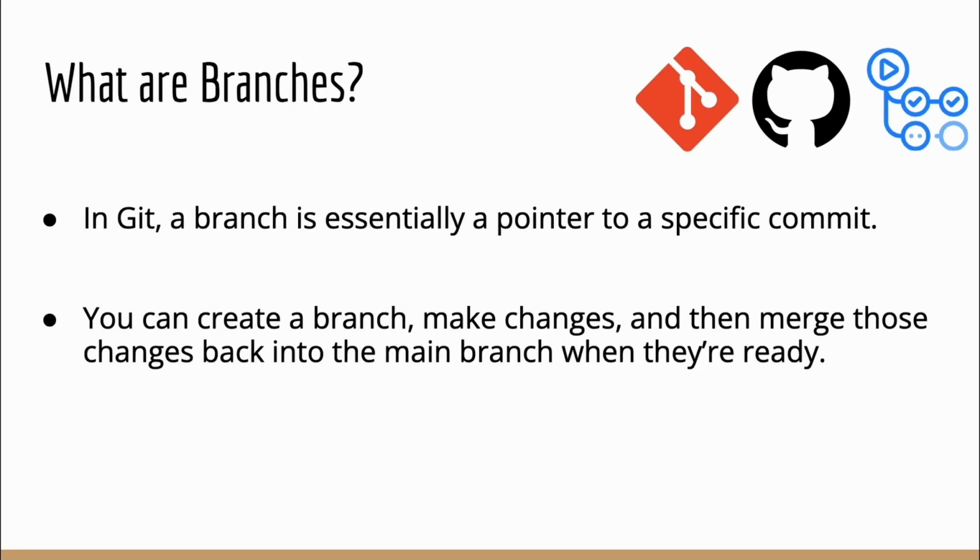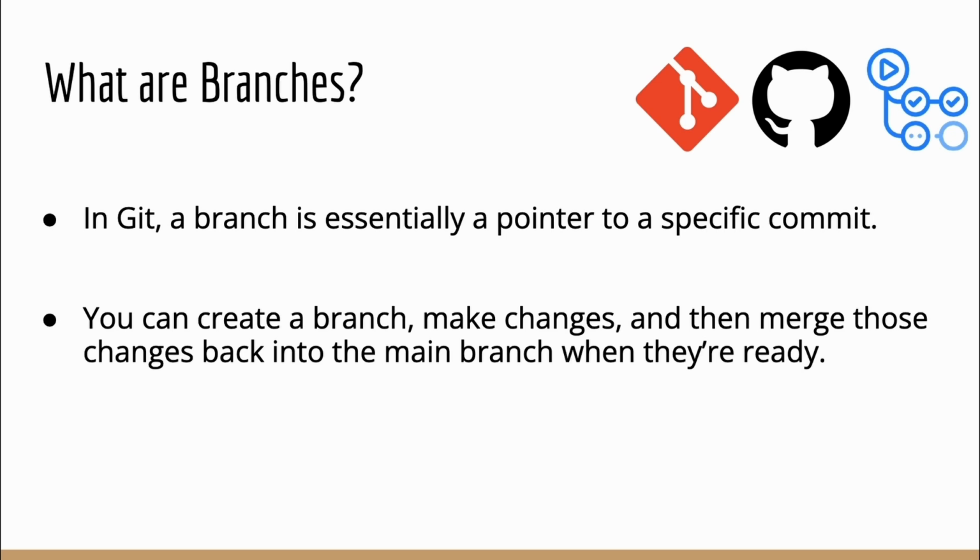So what are branches? In Git, a branch is essentially a pointer to a specific commit. And what that means is when you create the branch, it takes the code that exists from your base, from the point at which you're creating it. Let's say you're creating it from the main version of the code.